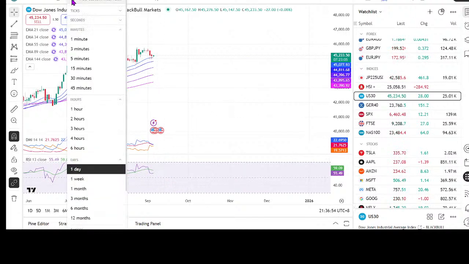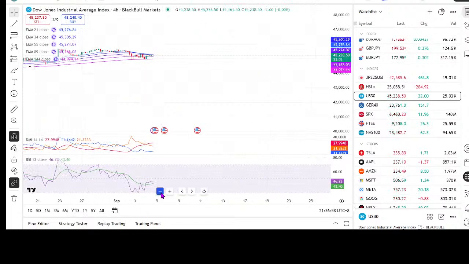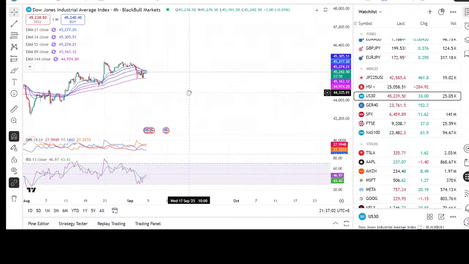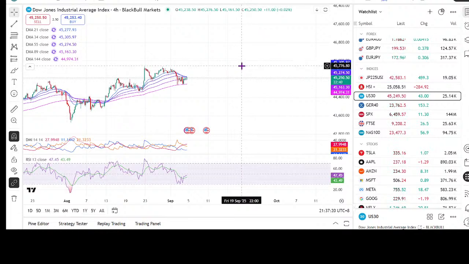Let me see the hourly. When we look at the hourly, it seems the correction down may already be over. That means price is expected to test the high, and probably push higher beyond this point.